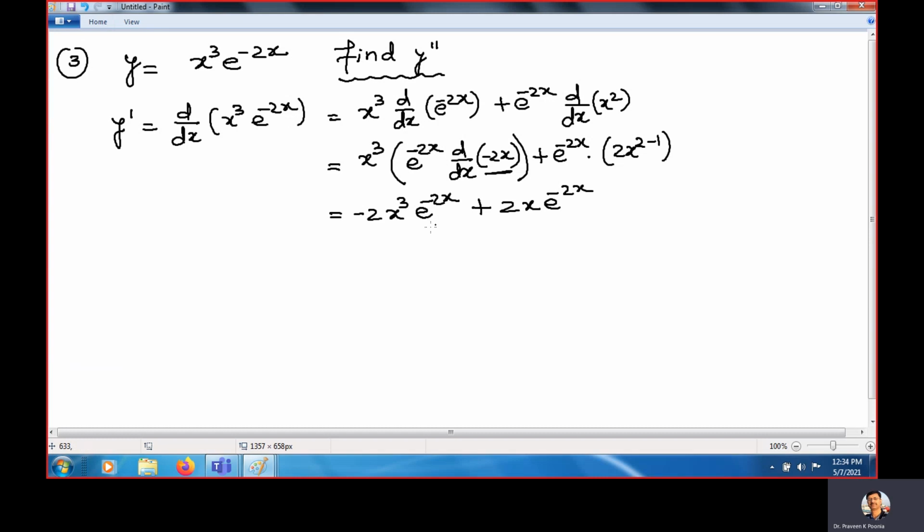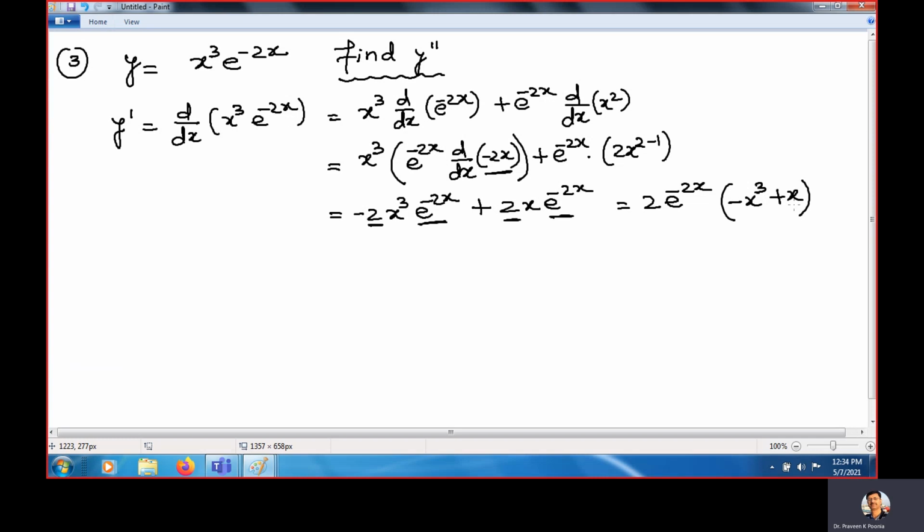And you can take 2 common, 2 is in both places. 2 is out, e power minus 2x is out. Clear? What are we getting? Minus x power 3 and plus x. This is what we are getting. Clear?